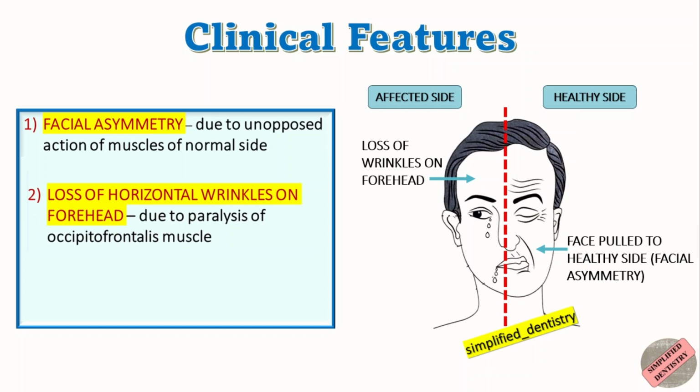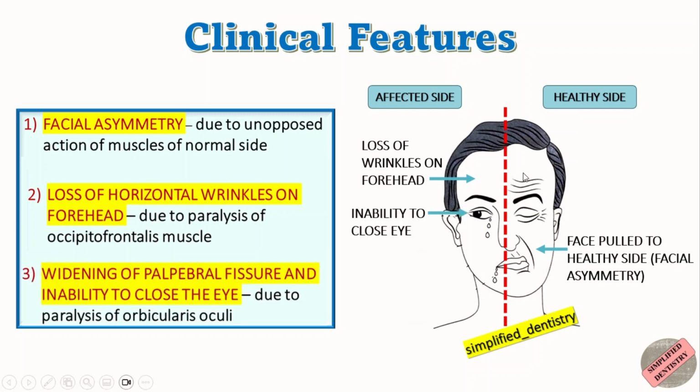Second is loss of horizontal wrinkles on forehead, which occurs due to paralysis of occipitofrontalis muscle. Third is widening of palpebral fissure and inability to close the eye, which occurs due to paralysis of orbicularis oculi.